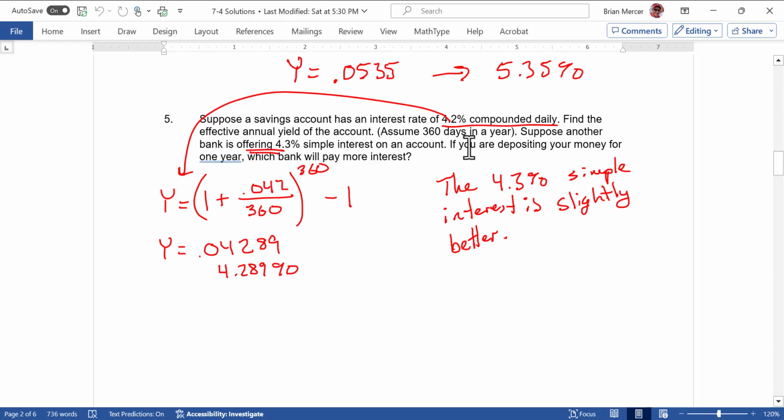So which one is going to be better? Well, if you do 4.2 compounded daily, you get the effective yield here. It turns out to be 4.289. So that's not quite 4.3. So actually the 4.3 simple interest is slightly better when you compare those two.